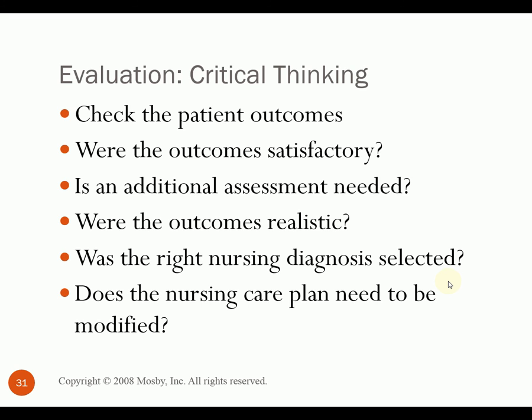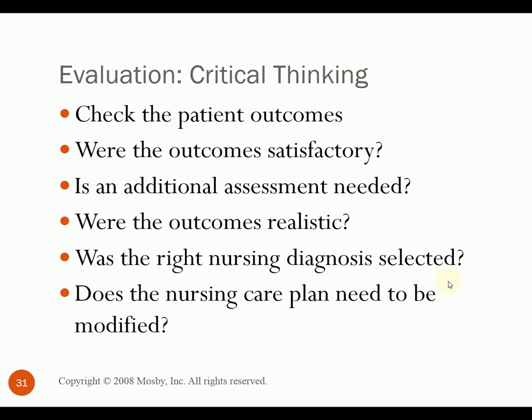Were the outcomes realistic? Was the patient actually able to do this particular type of intervention, and was it realistic of us to think they could? Was our patient actually able to walk that 15 feet? What if our patient had hip surgery?